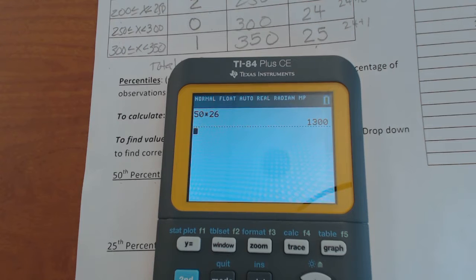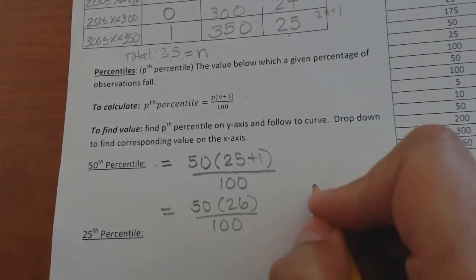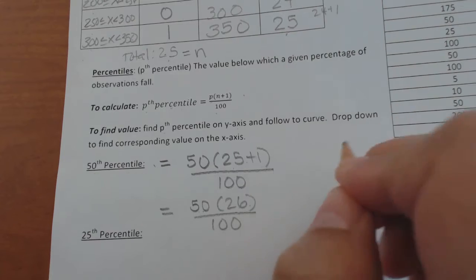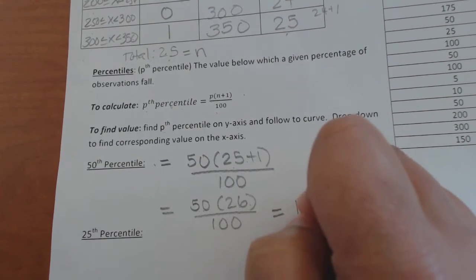Press enter, 1300. Now divide by 100. If you know to move the decimal point over to the left 2 places, you can, but please do it in 2 steps, just like I did. You get the answer of 13. So the 50th percentile equals 13.